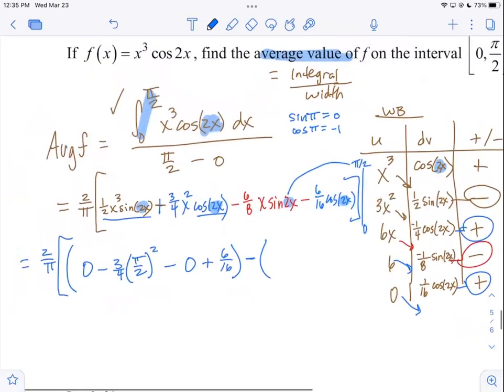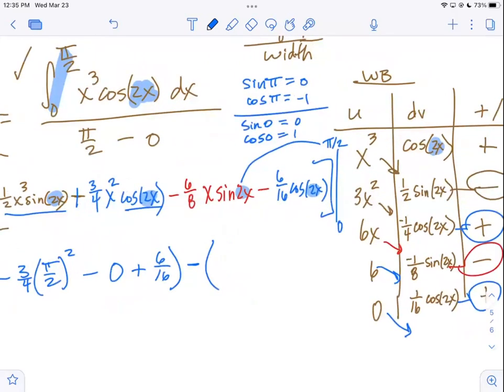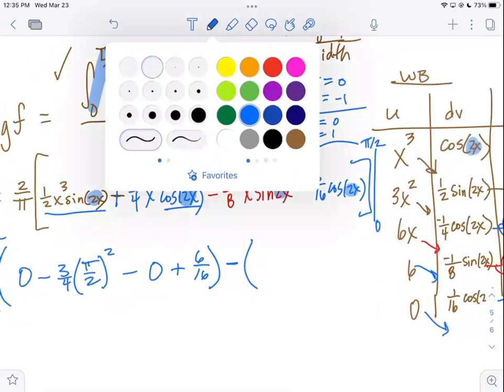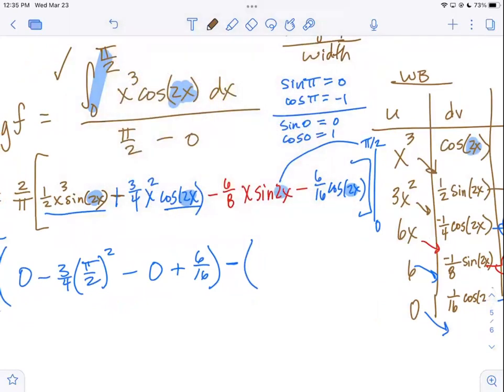Well, now when we're plugging in a 0, what's sine of 0? It's 0. And what's cosine of 0? Positive 1. So it's very similar now, right? When I plug in a 0 to the first one, I'm going to get 0. But now I'm going to plug in a 0 and get 1 times 0.